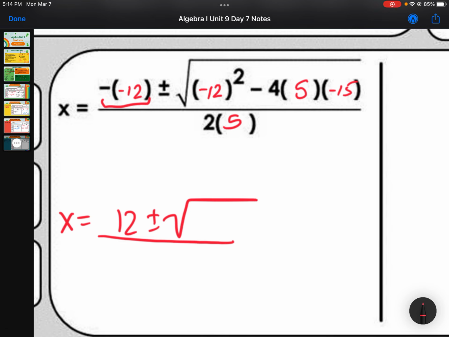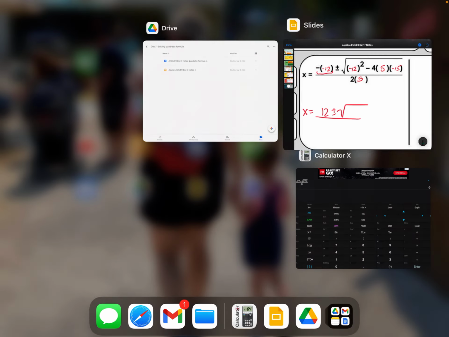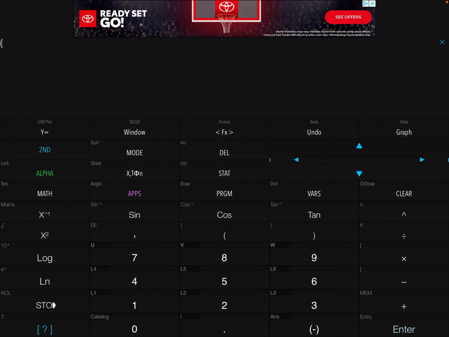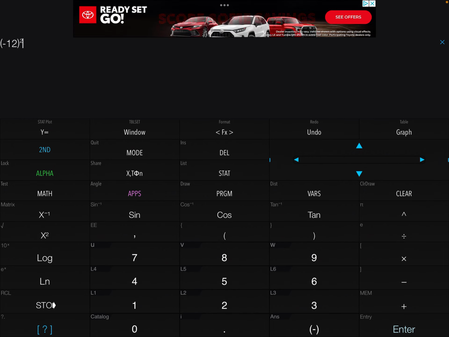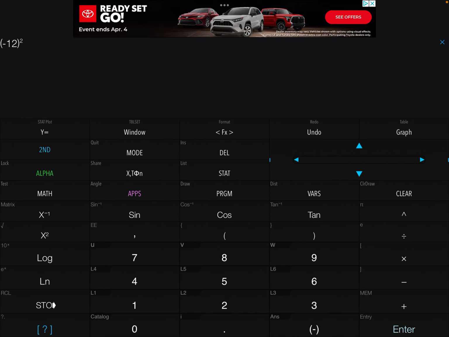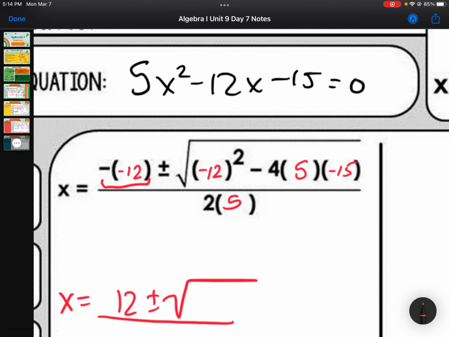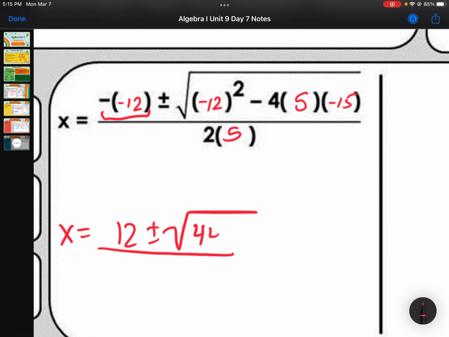Plus and minus. Negative 12 squared minus 4 times 5 times negative 15. It's important that I put parentheses around the negative 12. Enter. 444. All divided by 2 times 5, which is 10.